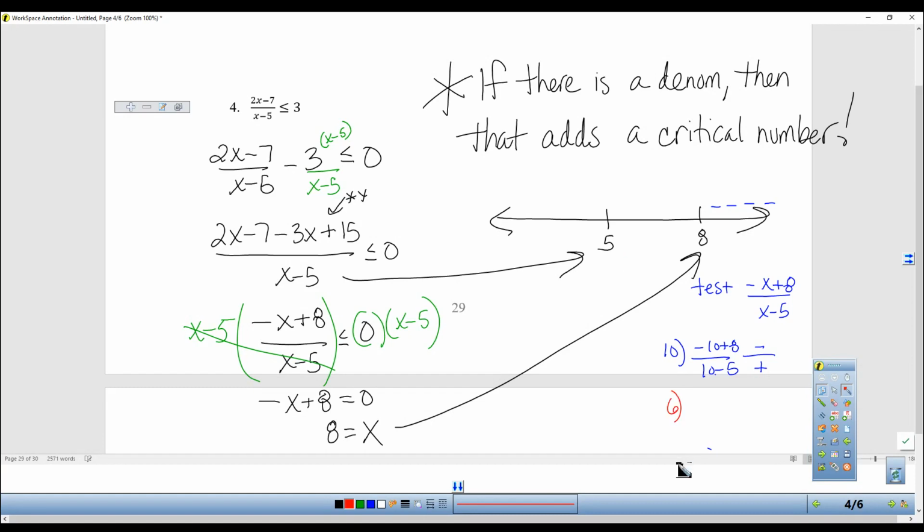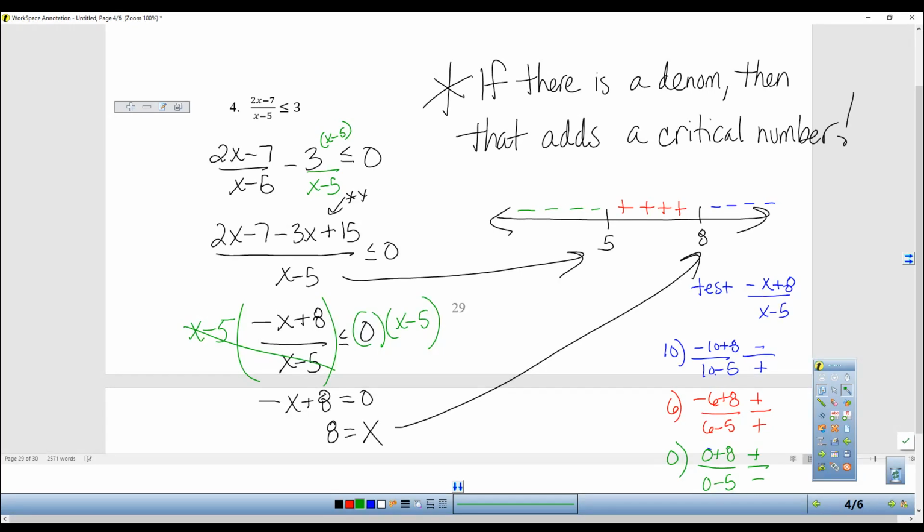I pick 6. So negative 6 plus 8 is positive, over 6 minus 5 is positive. So positive. I think the last one's negative. Let's find out. So I pick 0, which is less than 5. And 0 plus 8 is positive. And 0 minus 5 is negative.